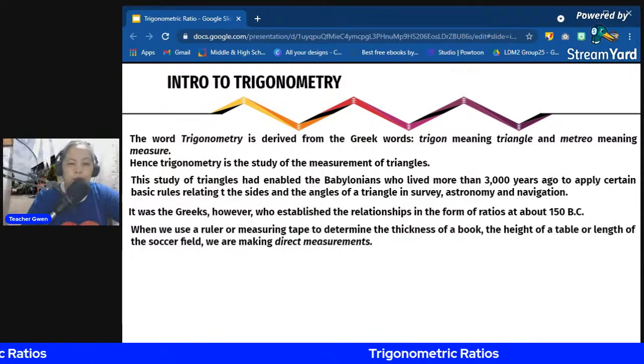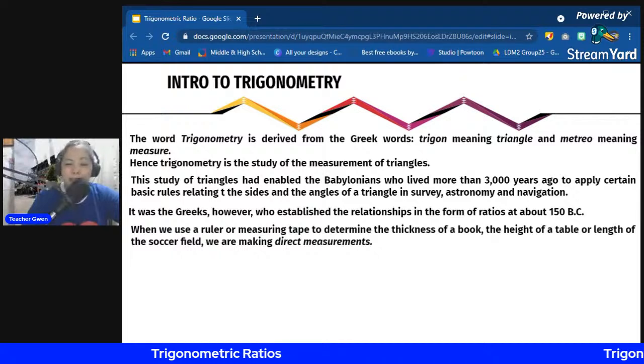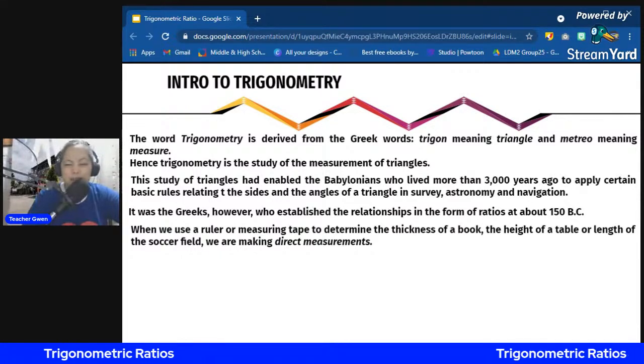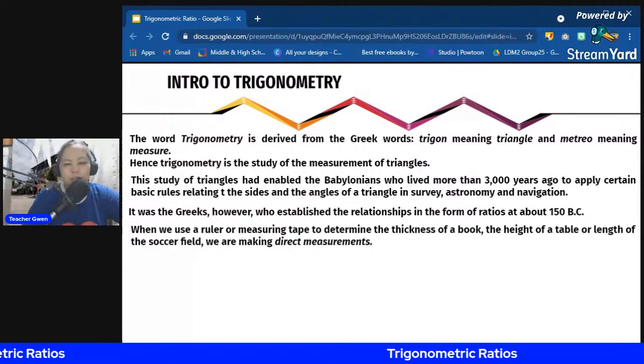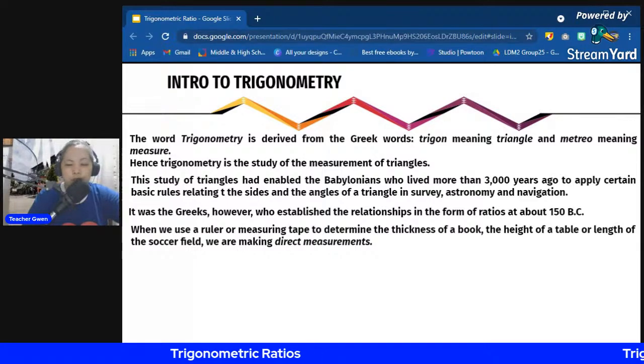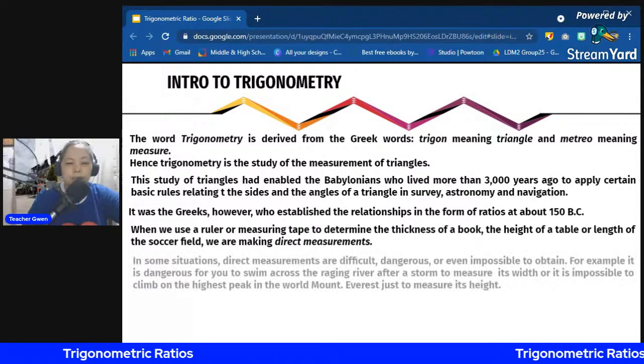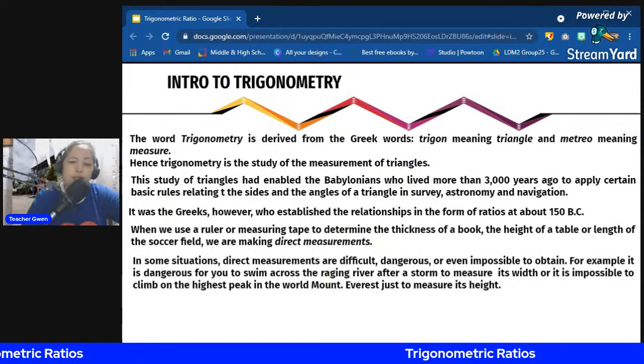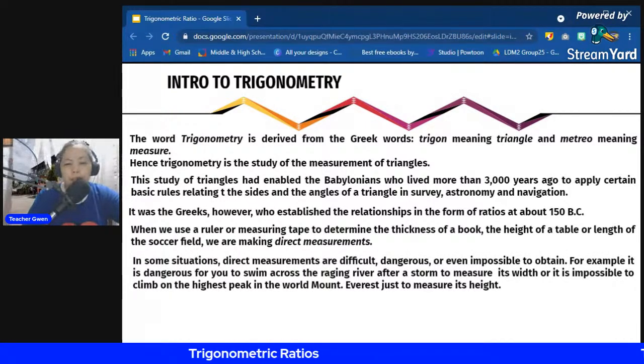When we use a ruler or a measuring tape to determine the thickness of a book, the height of a table, or the length of a soccer field, we are making direct measurements. In some situations, direct measurements are difficult, dangerous, or even impossible to obtain.